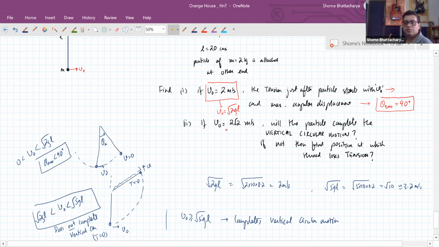And this value is greater than root 2 GL but less than root 5 GL. So here it will not complete. The thread will slacken.